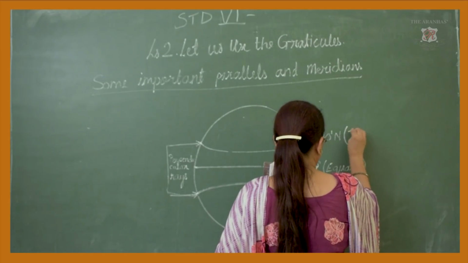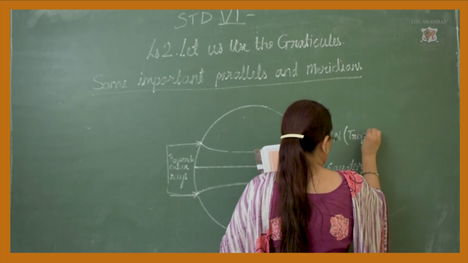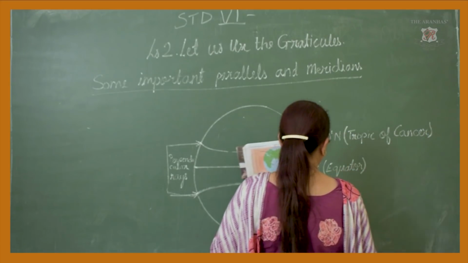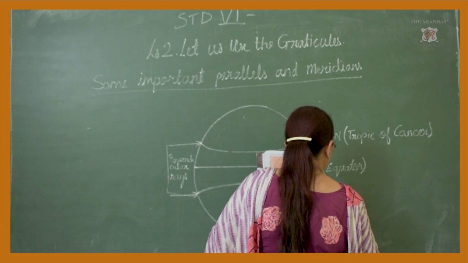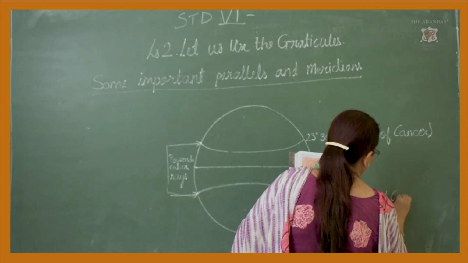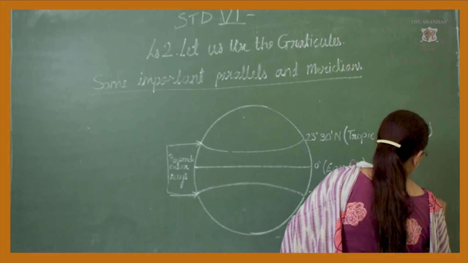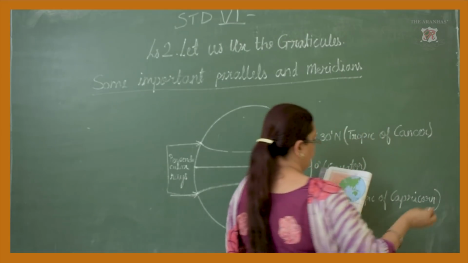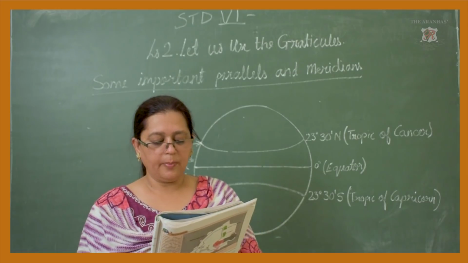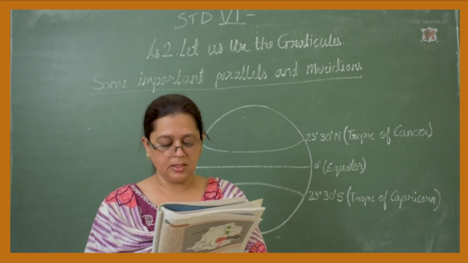Now, this is the Tropic of Capricorn. Now the parallels at 66 degrees 30 minutes north and south.